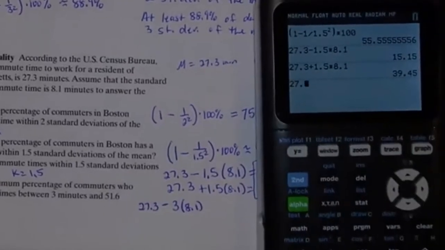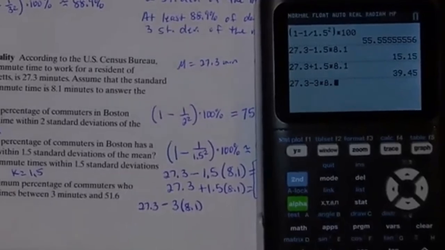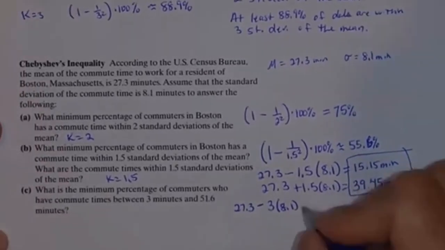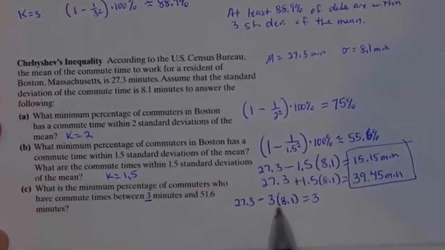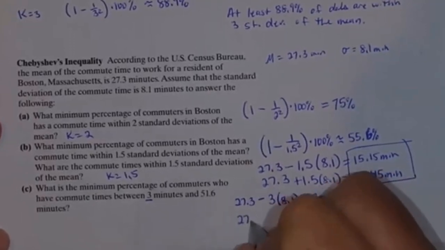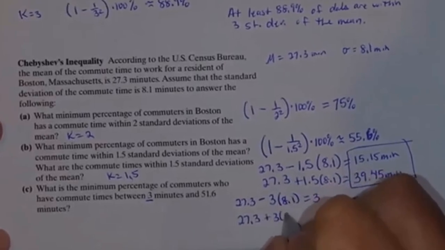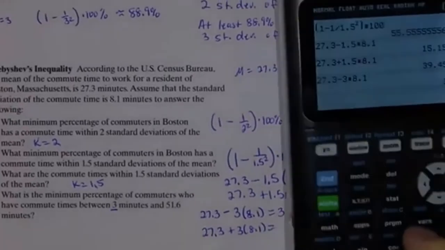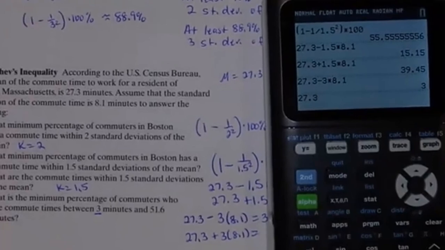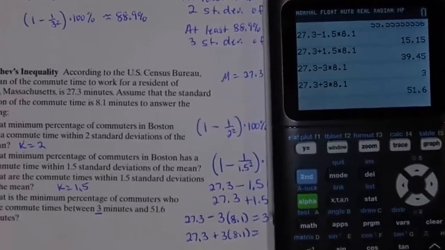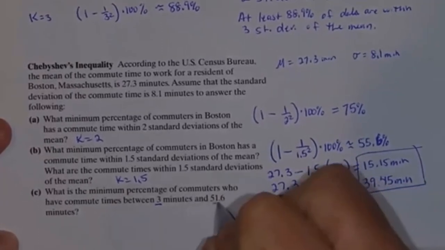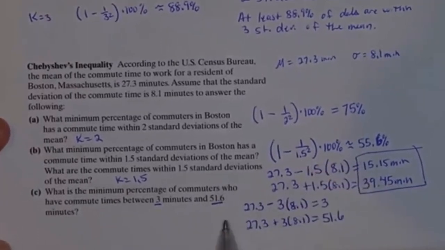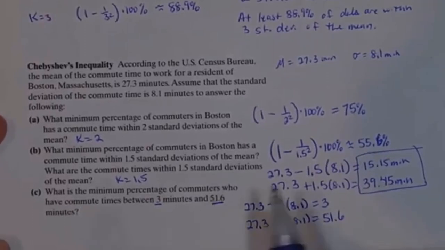Well, 27.3 minus 3 times 8.1 equals 3. So 3 minutes is 3 standard deviations below the mean. In the same way, 27.3 plus 3 times 8.1 is 51.6. So 51.6 is 3 standard deviations above the mean.